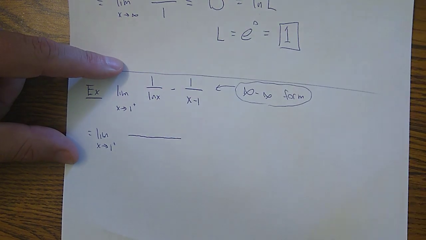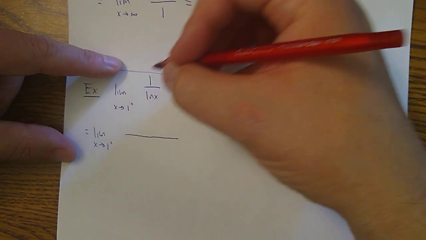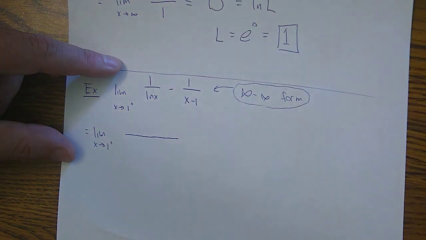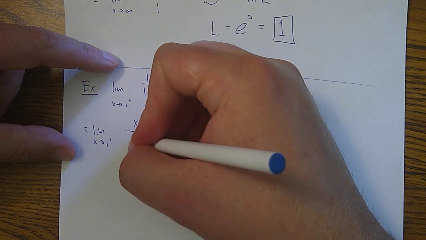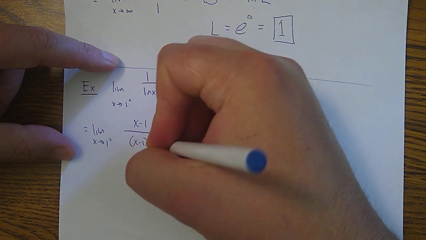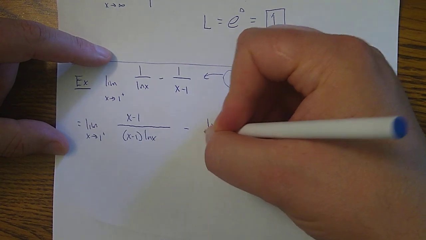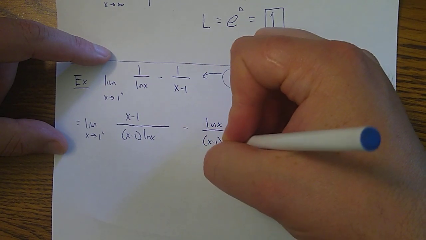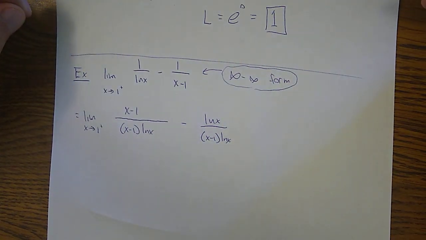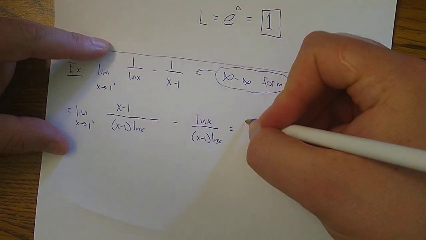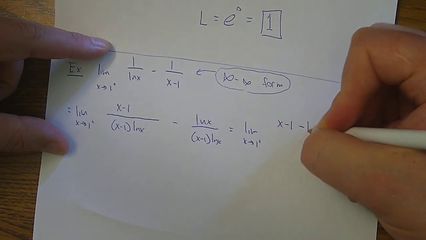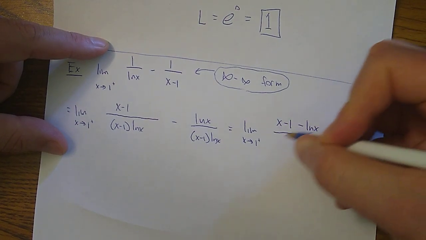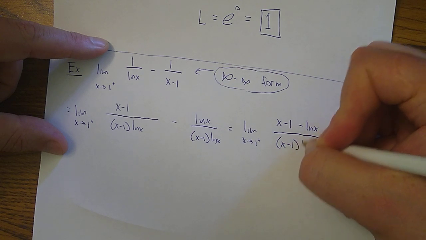So I guess I would be multiplying by x minus 1 over x minus 1 here. Actually, I won't be lazy. Here, I'm really showing my work to get the common denominator, right? x minus 1 minus ln x over x minus 1 times ln x.